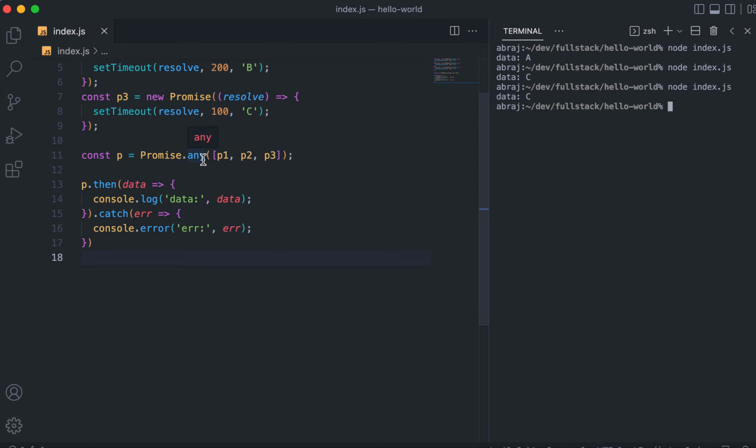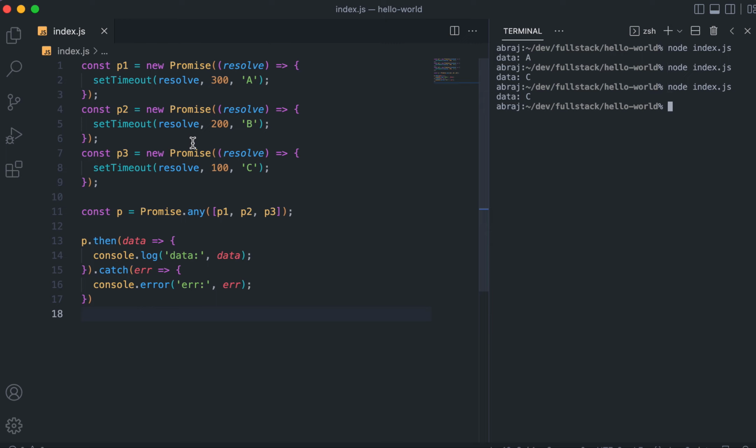The difference is that in this case nothing is rejecting, you see.